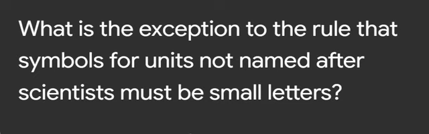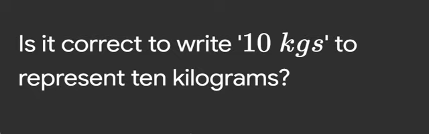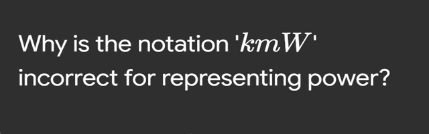And what is the exception to the rule that symbols for units not named after scientists must be small letters? How should a compound unit formed by multiplication be written? Example, torque. Is it correct to write 10 kgs to represent 10 kilograms? Why is the notation kmw incorrect for representing power? Rule: prefix with power of unit.